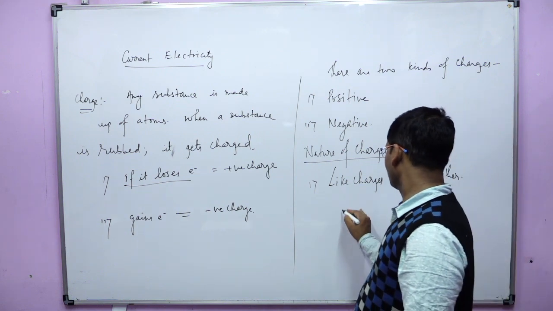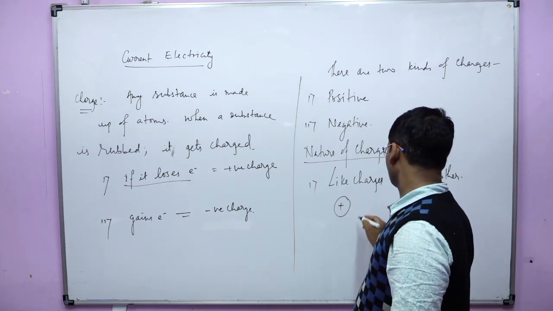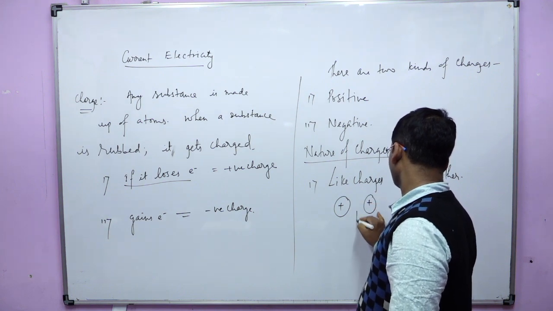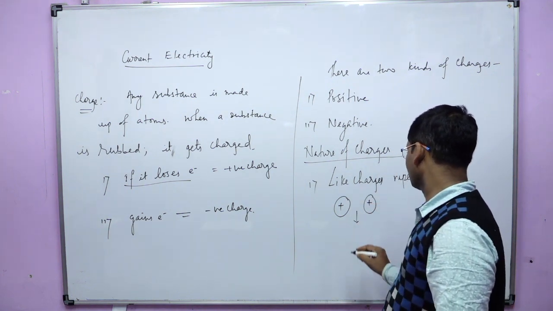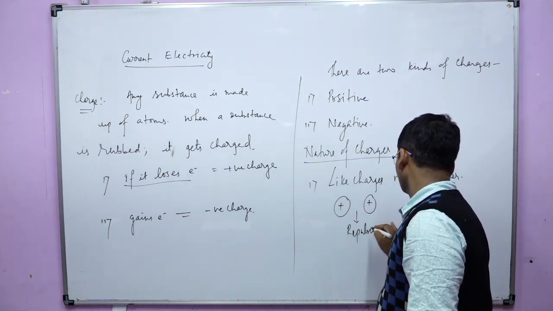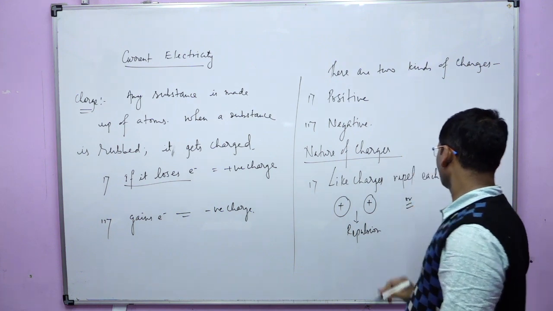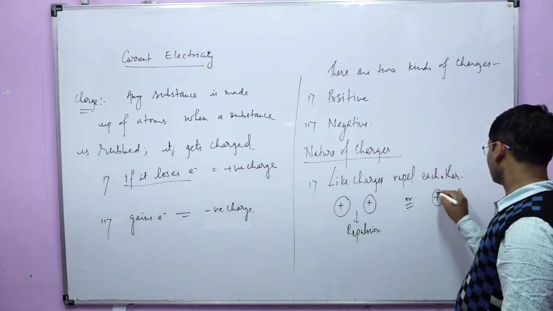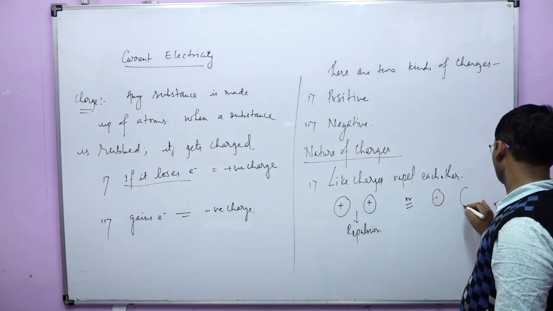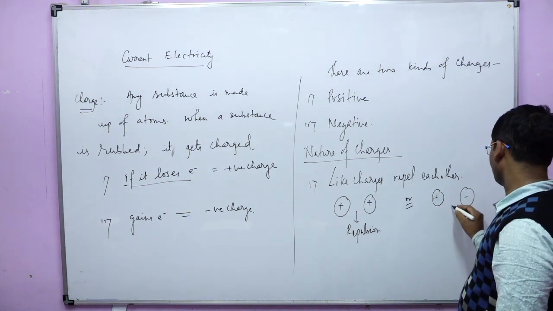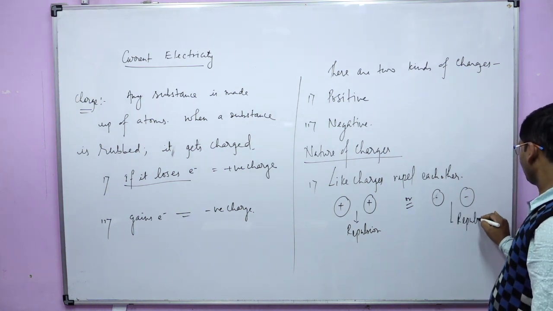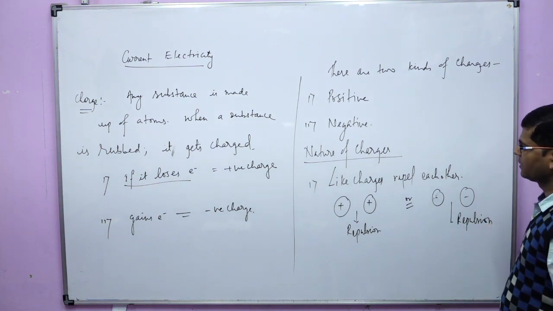It means if plus comes in close or in contact with plus, then you will find repulsion, or if minus comes near a minus charged body, then also you will find there is a repulsion.